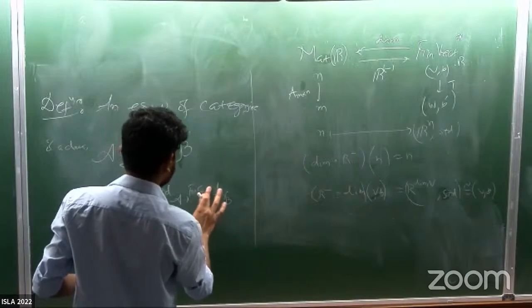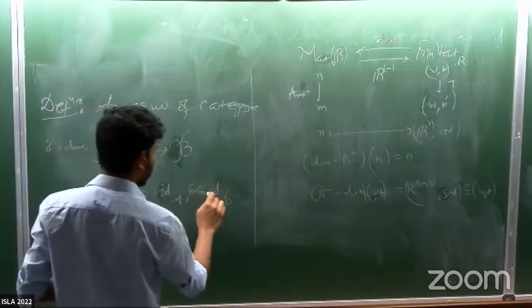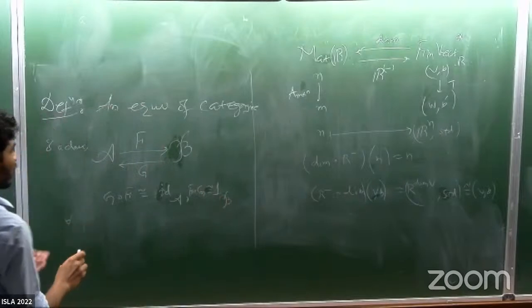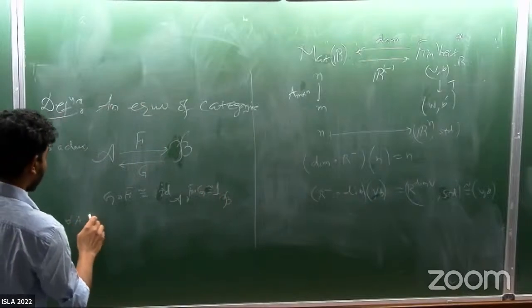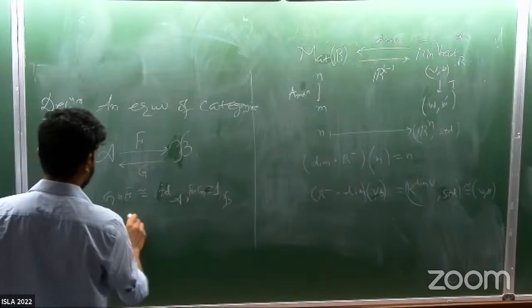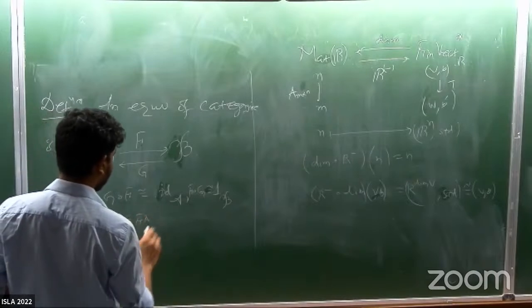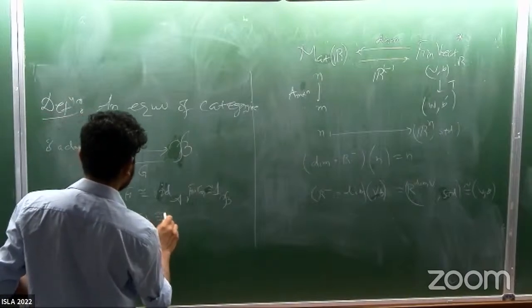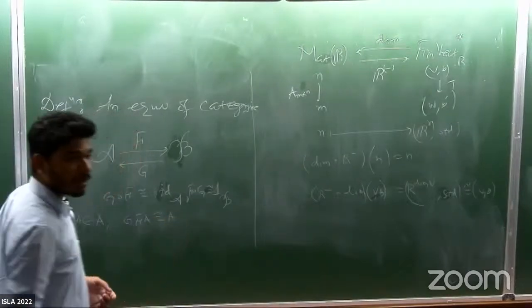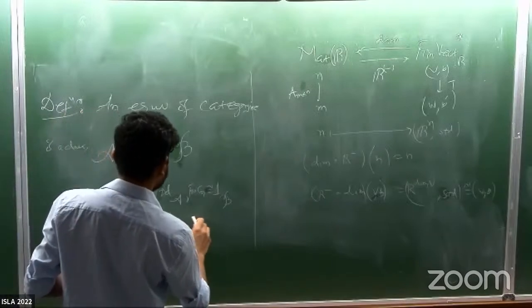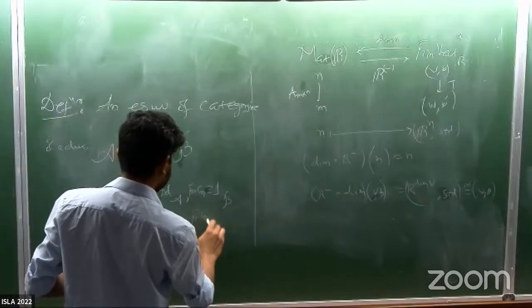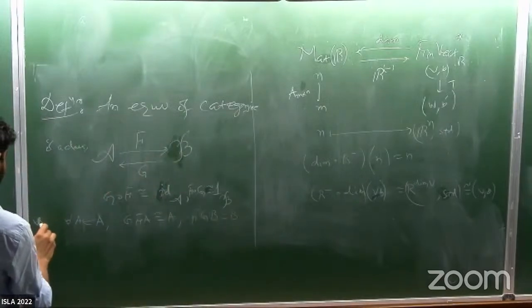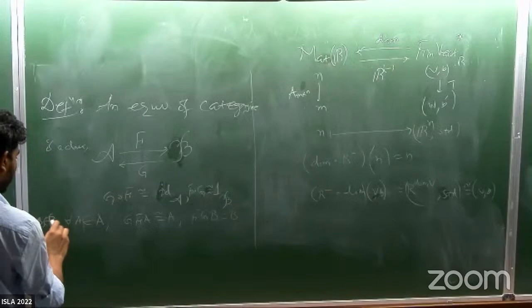I mean to say that for every object, let's say A inside A, you have GFA is isomorphic to A, and FGB is isomorphic to B for all B in B.